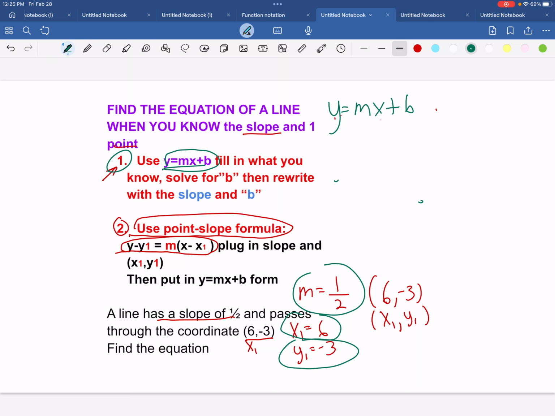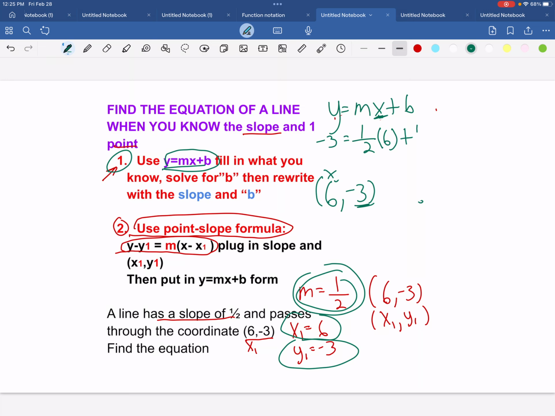I already know the slope is 1/2, so I could write 1/2 under that. And you're just using a sample x and y, meaning I knew one of the coordinates was when x is 6 and y is -3. So I'll put a 6 there, and a -3 there.